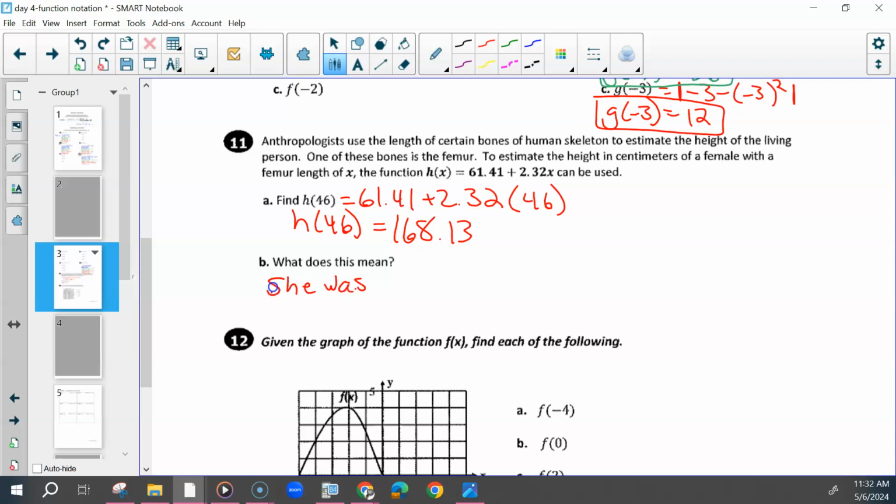What about the 46? What does that represent? It is the length. That's the length of the femur.